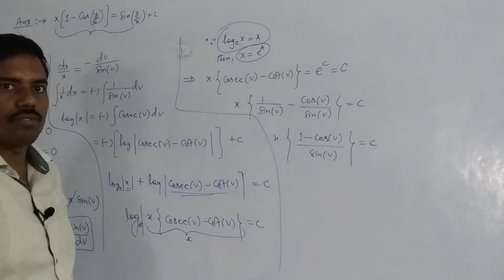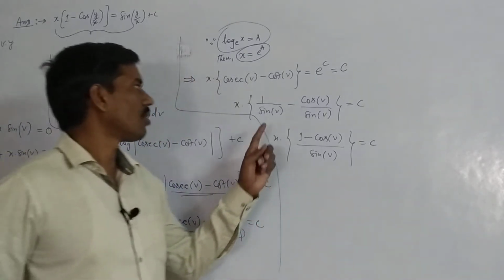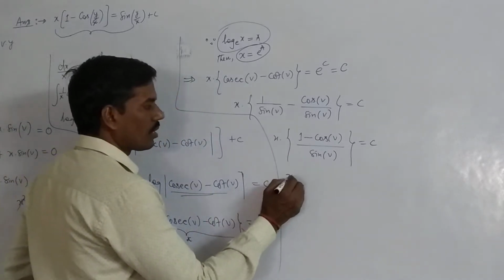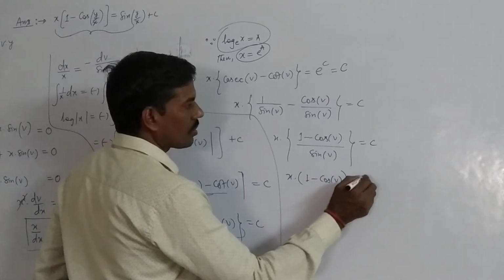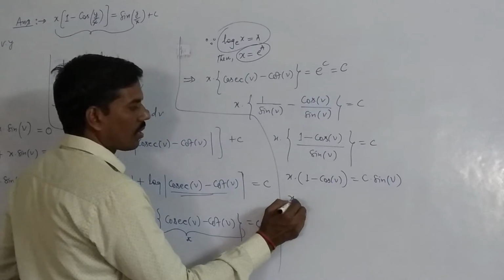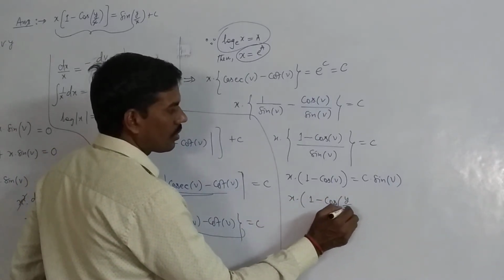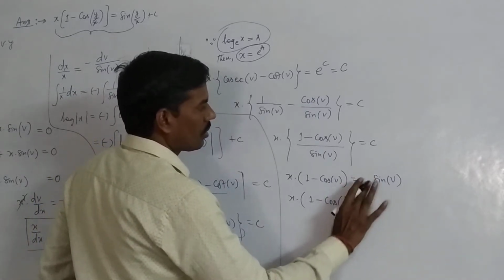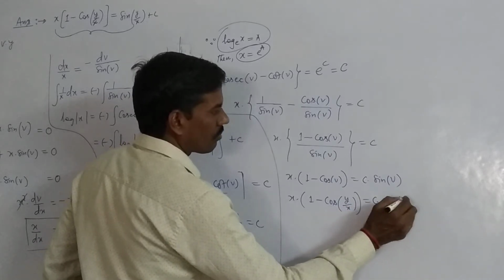Sin v and sin v are the same denominator, so taking LCM we get sin of v. So we have x into 1 minus cos of v is equal to c into sin of v, and on putting the value of v, that is y by x, x into 1 minus cos of y by x is equal to c into sin of y by x.